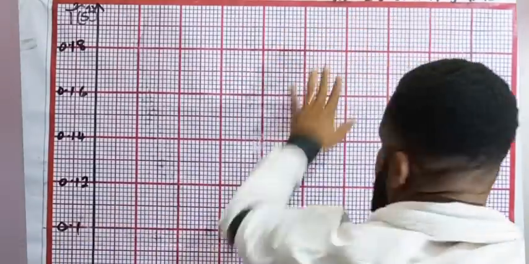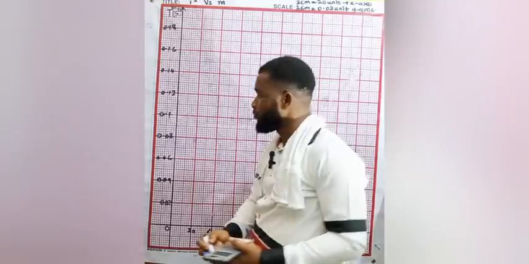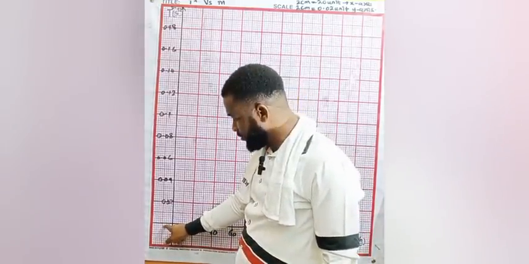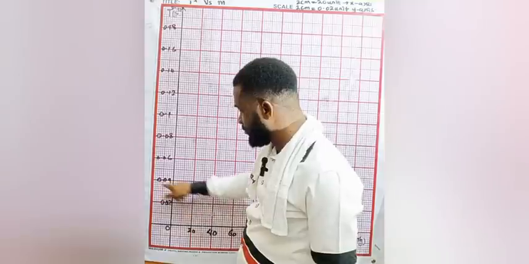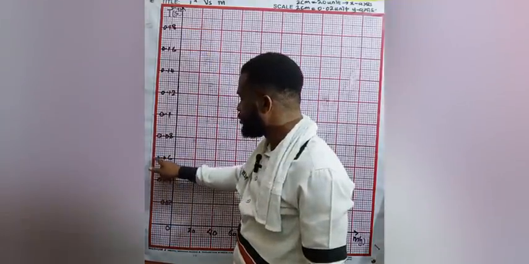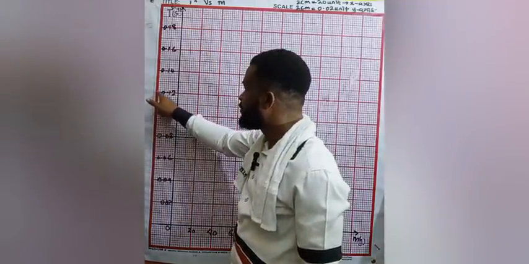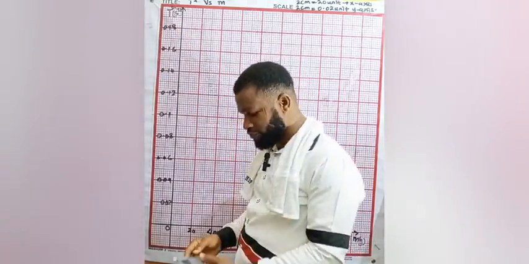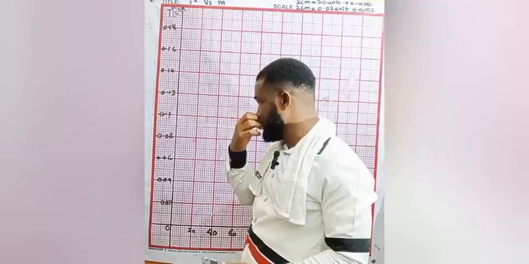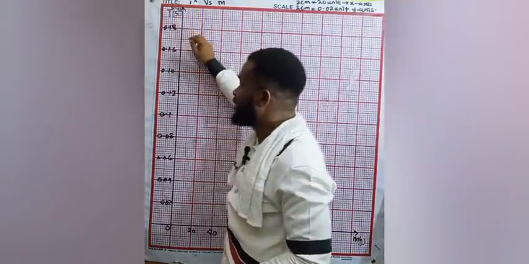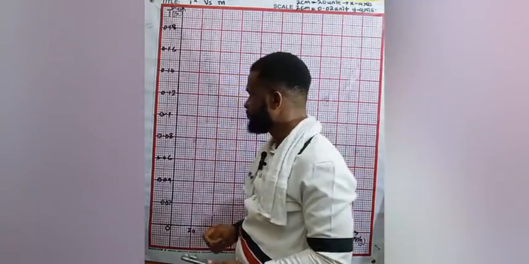Now, why did I choose this scale? See what I did. First, I counted from 0. This is 0. This is 2 cm, this is another 2 cm. I counted how many 2 cm I have: 1, 2, 3, 4, 5, 6, 7, 8, 9. I have nine 2 cms. If you look at the table on the screen, under t square, the highest number there is 0.1832.